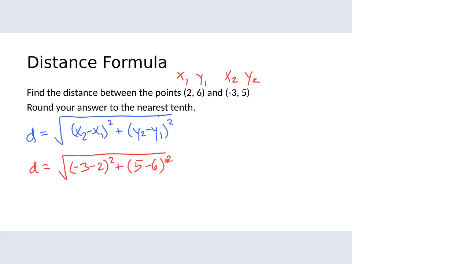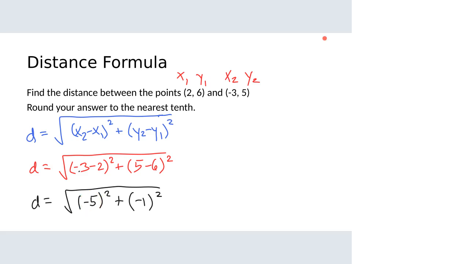Now we just need to simplify this. I think the biggest danger in these is the negative signs, so be really careful when you're working with the positives and negatives here. -3 minus 2, that's going to be -5 squared. And then 5 minus 6, that's going to be -1 squared. The parentheses around those numbers are really important because we're squaring the entire thing.